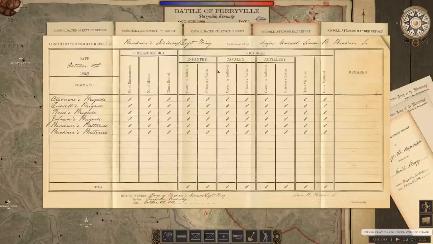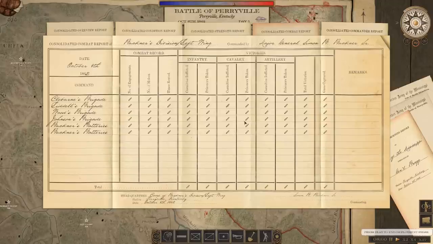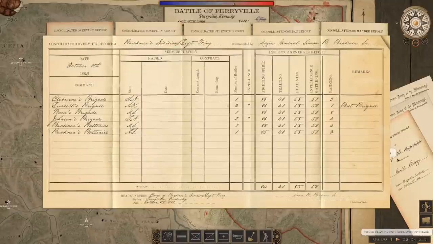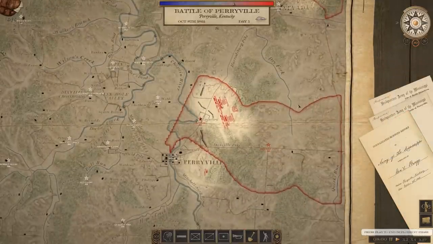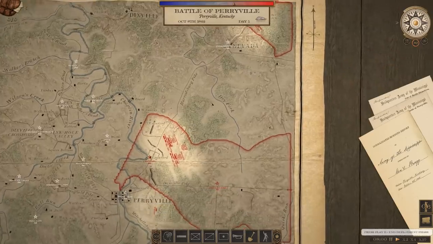And during the combat we will see also the casualties, any combat victories, and the condition, for example, in which condition the men, the horses, the guns are, how much supplies we have, and so on. But let's take a closer look at the reports when the battle has been fought for some time.